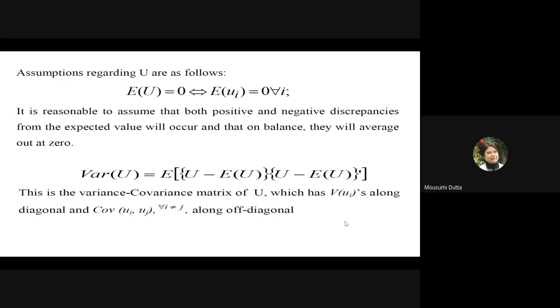However, if I consider the concept in terms of matrix algebra, what we get is a dispersion matrix, or variance covariance matrix, where along the diagonal we will get the variances of the error terms, and along the off diagonal we will get the covariances between the error terms.